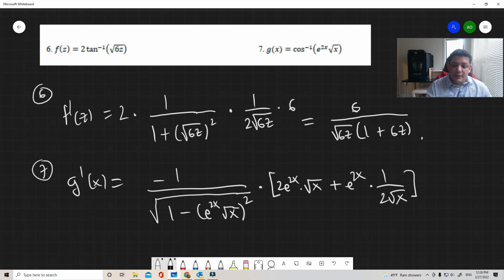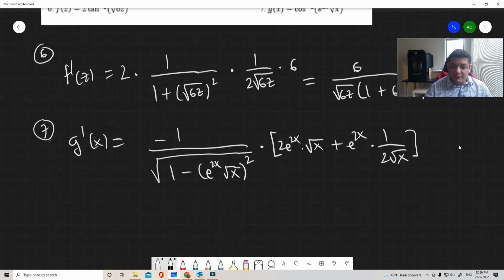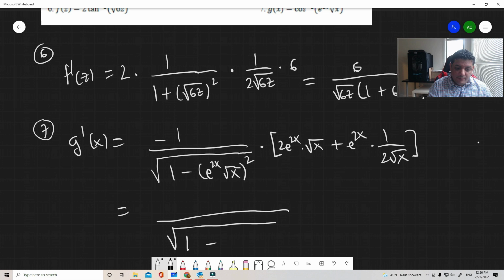Okay. Now simplifying here is going to be a little bit more cumbersome. You can still try and do some of the pieces at least. So for example, you can simplify what the bottom is going to look like. And so that's going to be 1 minus e to the 4x times x. The square root of x squared is x, and e to the 2x squared is e to the 4x.